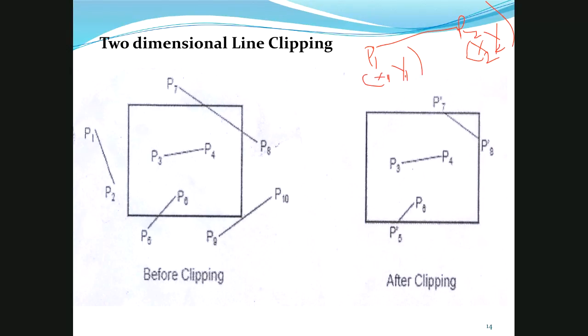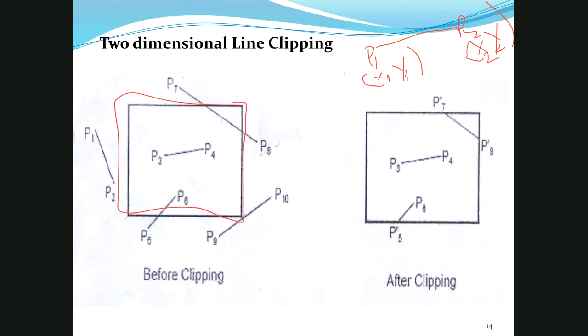See here, the example they made: before clipping, this is a boundary. We want to perform clipping on this boundary using these lines. Point 1 and point 2 is one line, point 3 and point 4 is one line, point 5 and point 6 is one line, like this. By using these points you have to perform the line clipping algorithm.